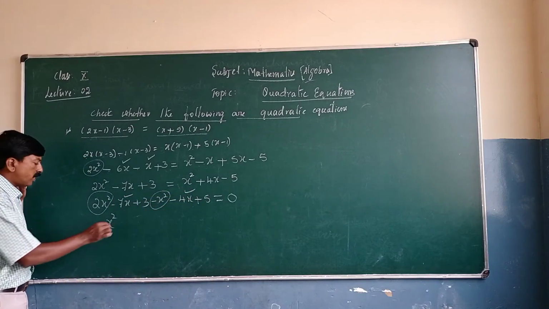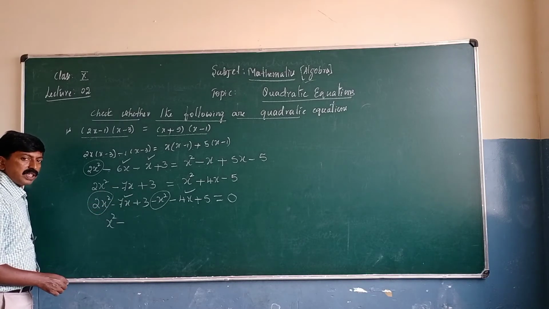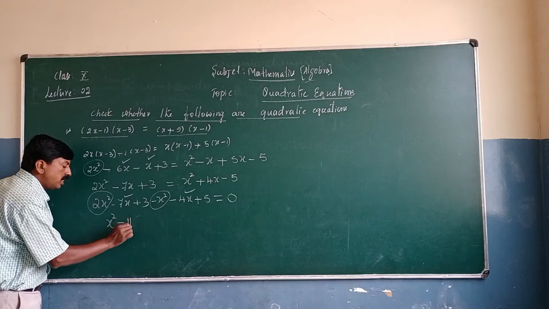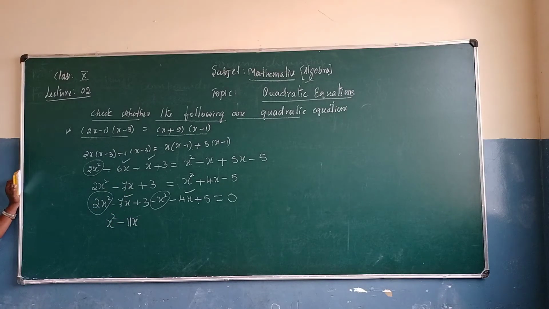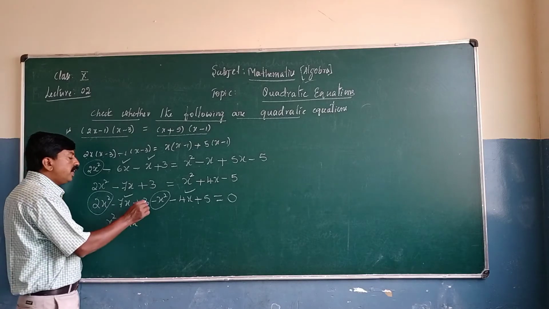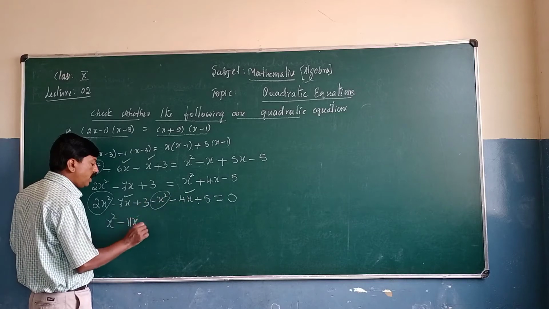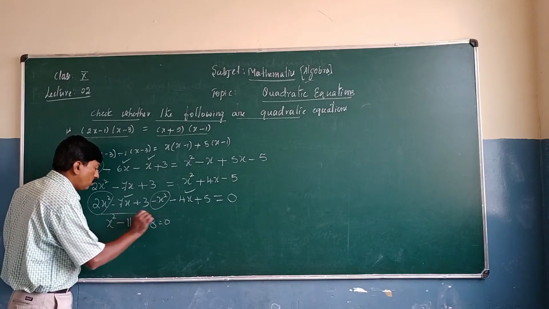Both are same sign, write the same sign. Add those two. So minus 7x minus 4x is minus 11x, because 7 plus 4 is 11, or minus 7 minus 4 is minus 11 into x variable. Then constant 3 plus 5, which is 8, is equal to 0.